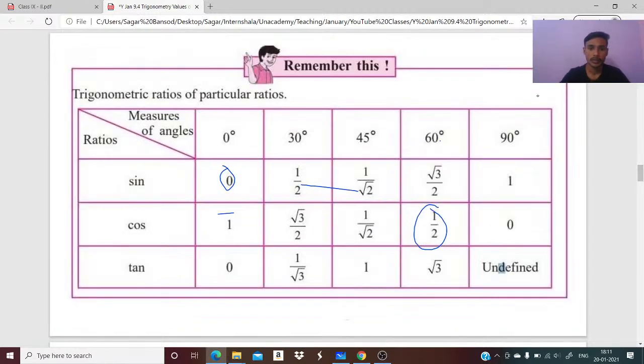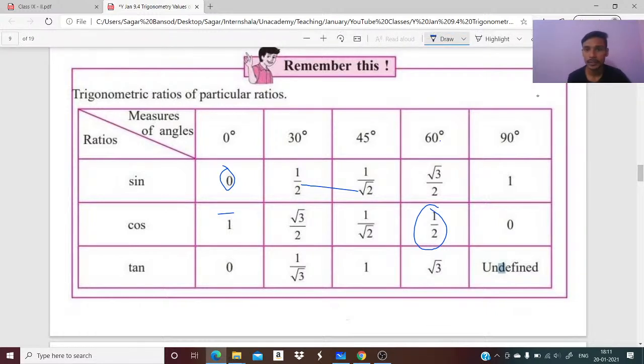Now these are the trigonometric ratios for some particular angles. Let us suppose that you have a triangle like this. I cannot draw a proper straight line, but still assume that this is a right angle triangle.